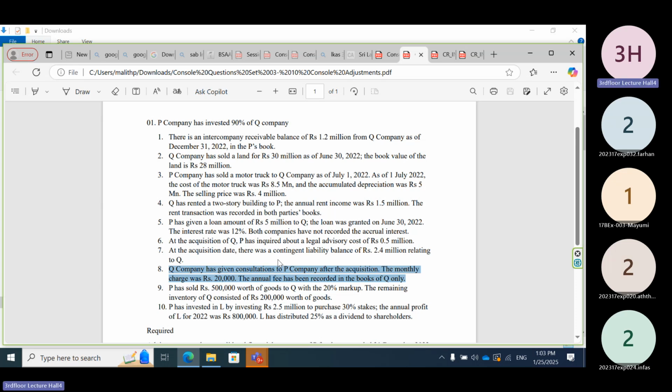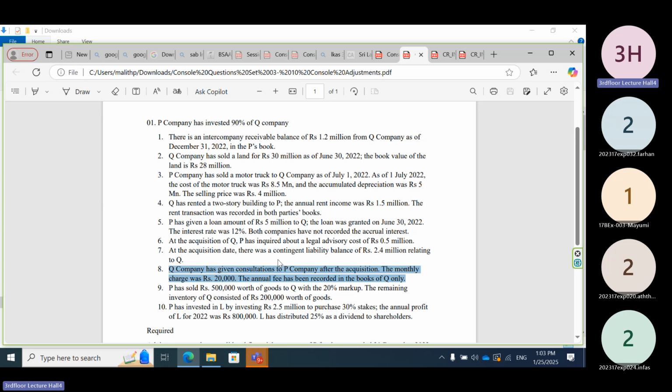Take a table now. What we have done is we have sold something to the subsidiary. We purchased for 20,000, sold for 30,000. That was sold to an outside party.